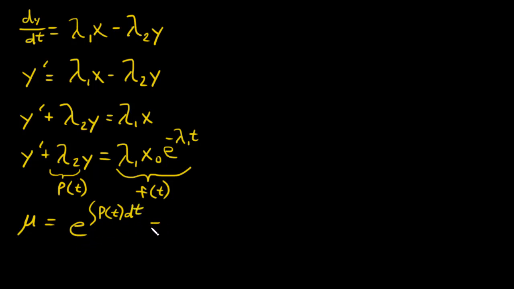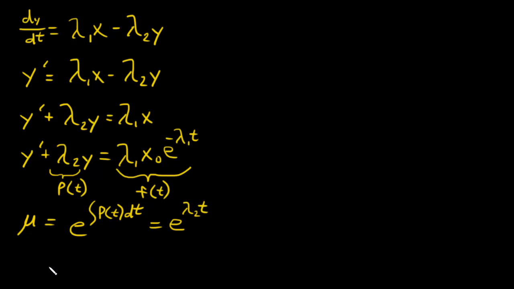Well, this one's a really easy one to do because p of t is just lambda 2, and the integral of lambda 2 with respect to t is just going to be lambda 2 t. So this is just going to wind up being e to the lambda 2 t. Okay? That's what my mu winds up being.